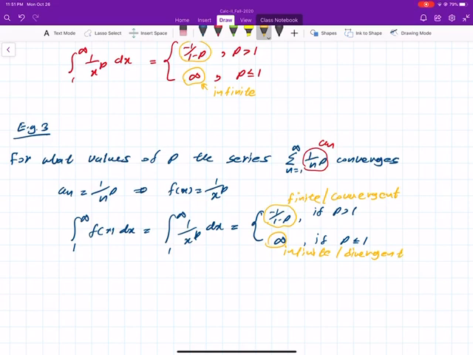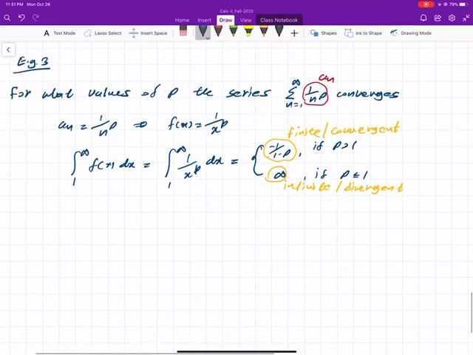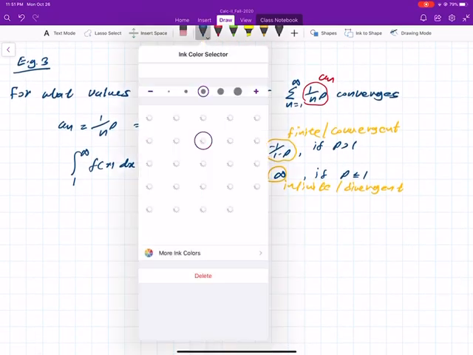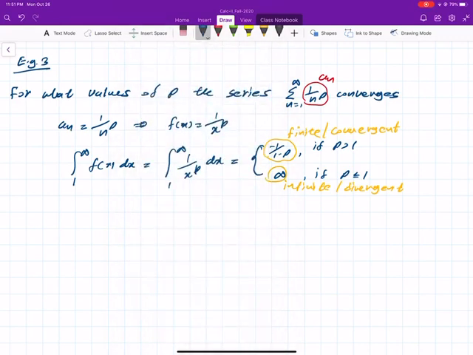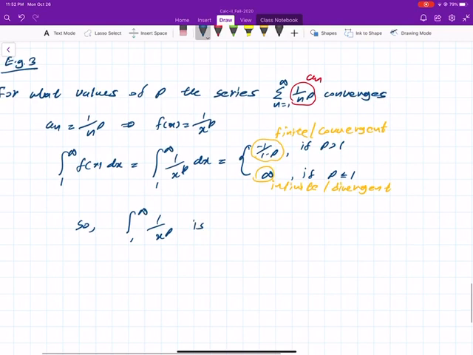Okay, so finite means convergent, infinite means divergent. So integration from 1 to infinity, 1 over x to the power of p is convergent when p is greater than 1.